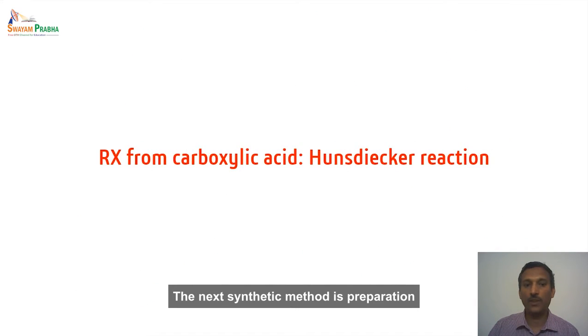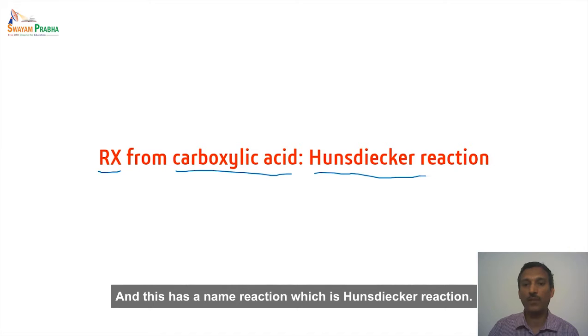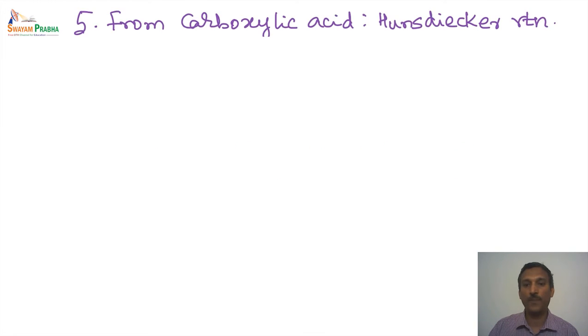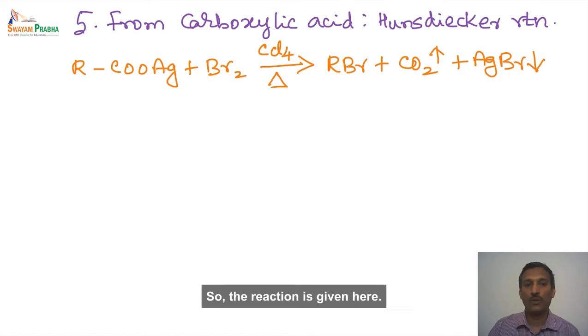The next synthetic method is the preparation of alkyl halides from carboxylic acids, and this has a name reaction, the Hunsdiecker reaction. Let us look at what this Hunsdiecker reaction is, which can be employed for the preparation of alkyl halides from carboxylic acids. The reaction is given here.